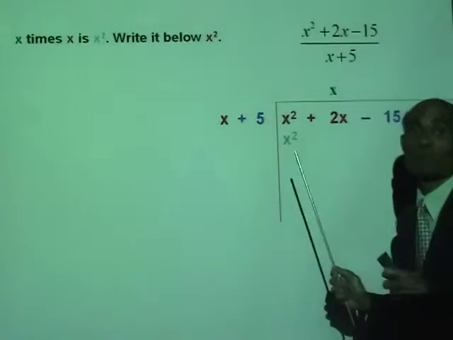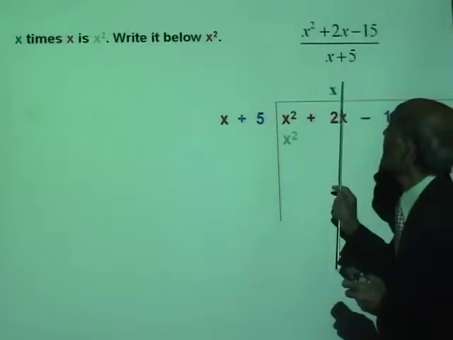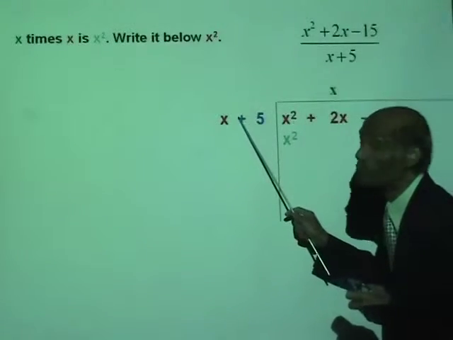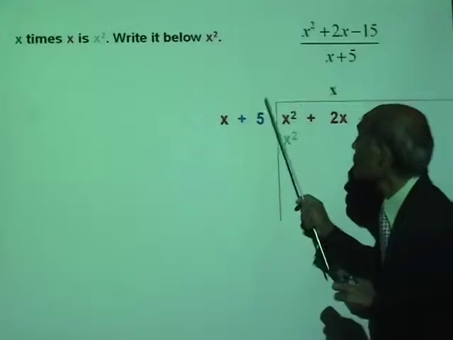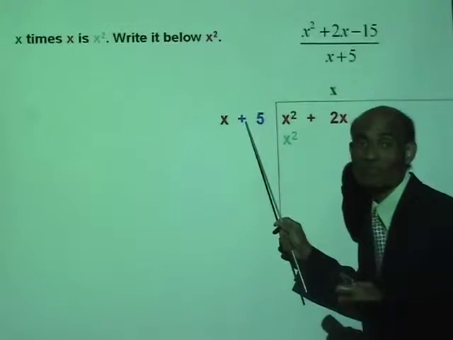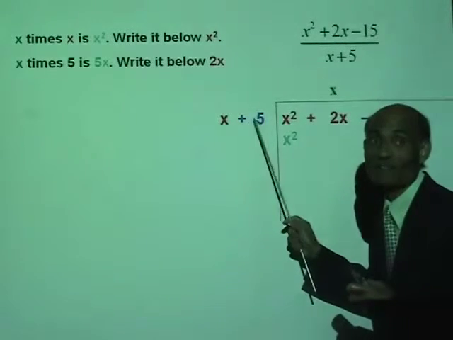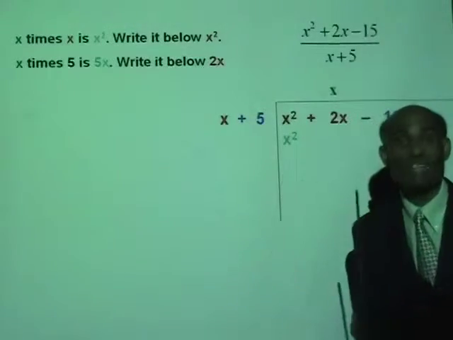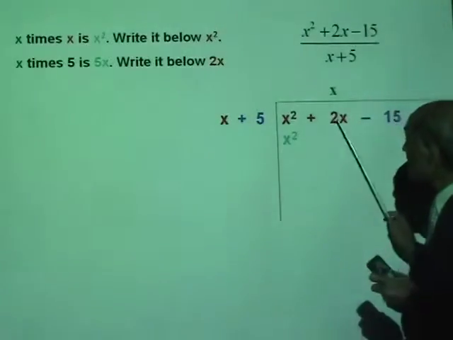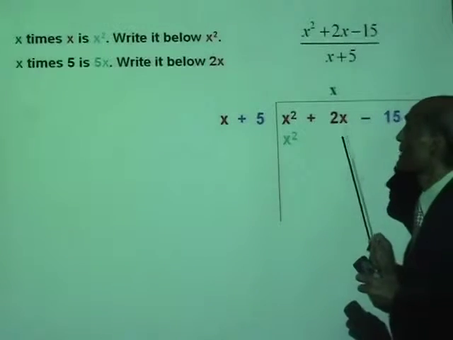There you are. Now, multiply x with positive 5. Very important to watch the sign. Multiply this x with positive 5. What do you get? I get 5x. Where do I write that 5x? Write that 5x below the 2x.